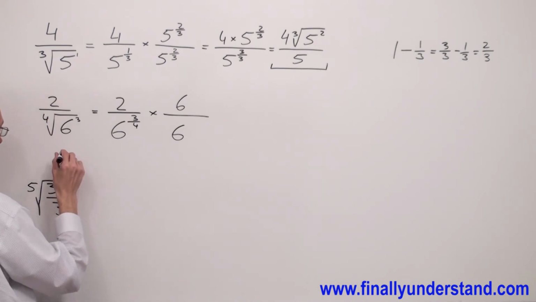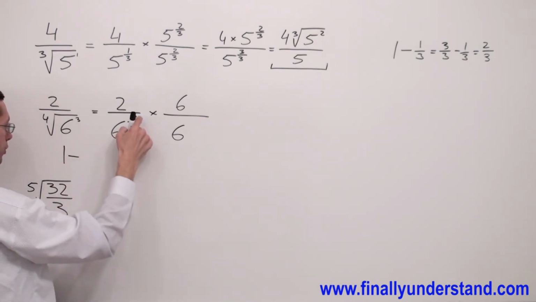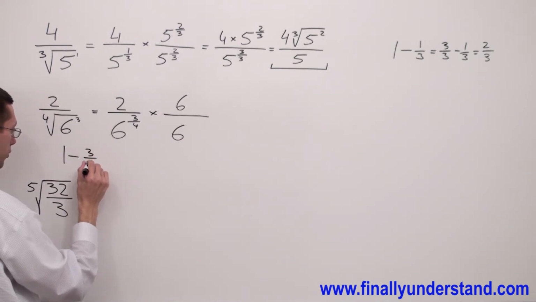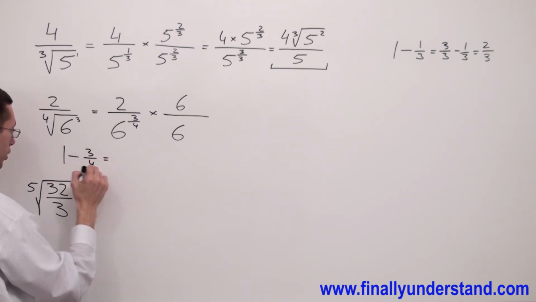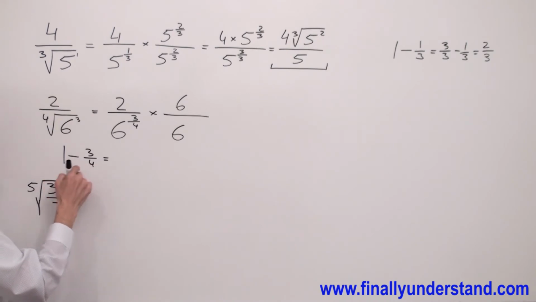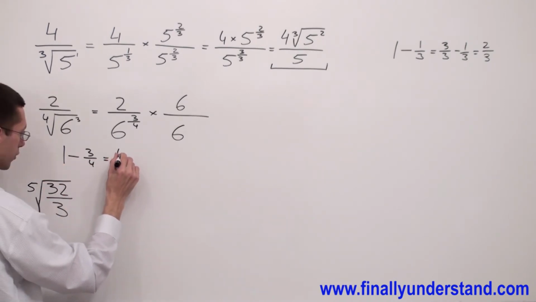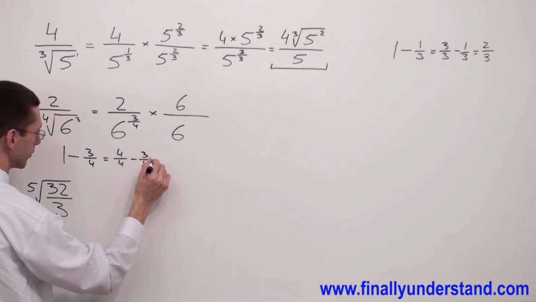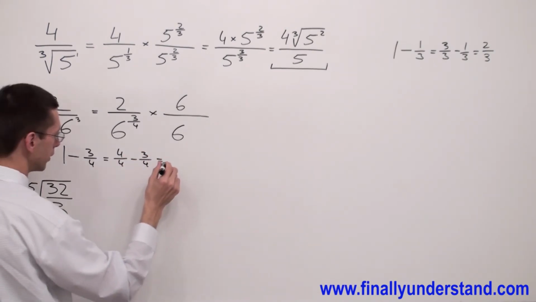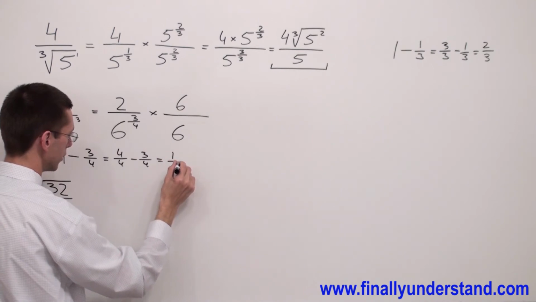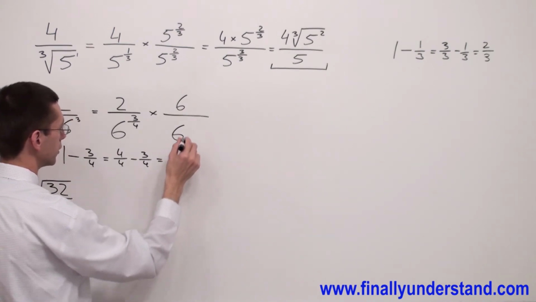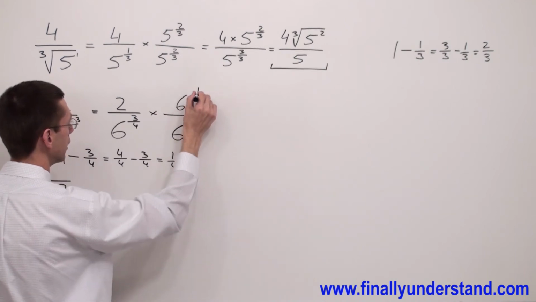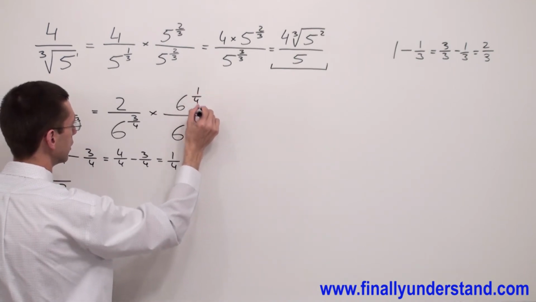What you have to do is just write 1 minus this exponent, which is 3 over 4. The common denominator is going to be 4. That's why I'm going to have 4 over 4 minus 3 over 4. 4 minus 3 is 1 over 4. Okay? So that's why I'm going to have the exponent 1 over 4 over here and 1 over 4.